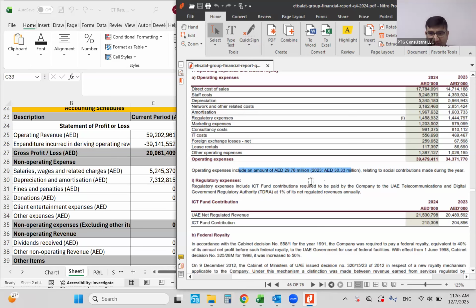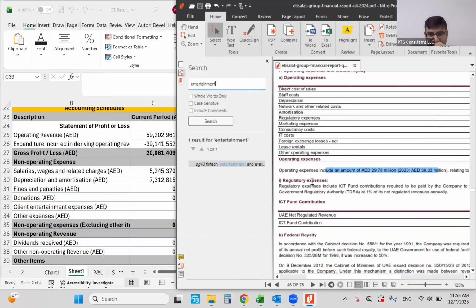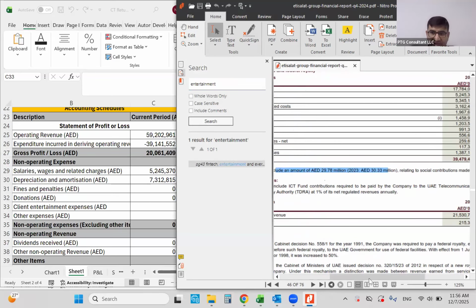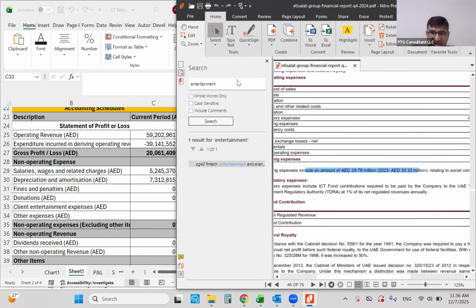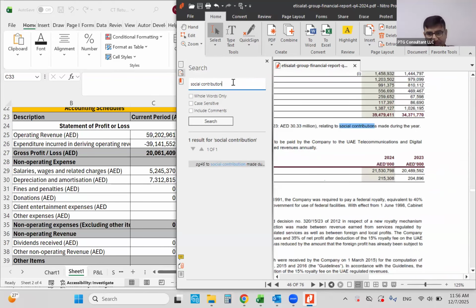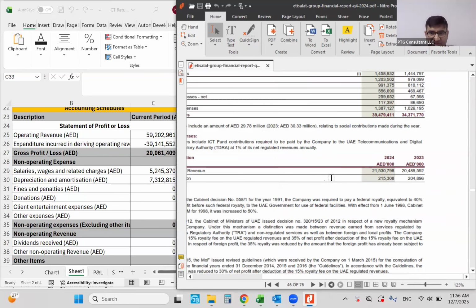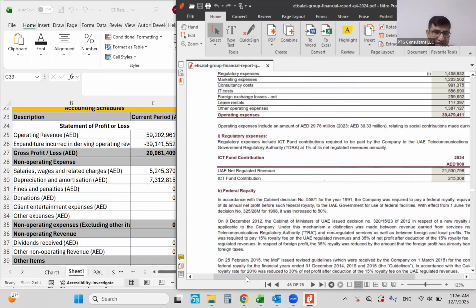Initially they did not mention any other information. So currently we can take the 29.78 million, but subject to finding further information; if not, we assume there is no other text. Okay, write the figure in the Excel.